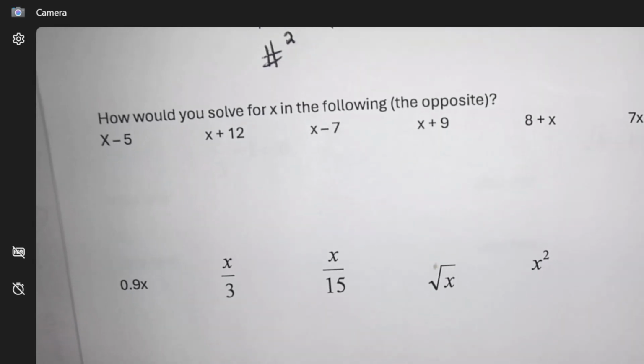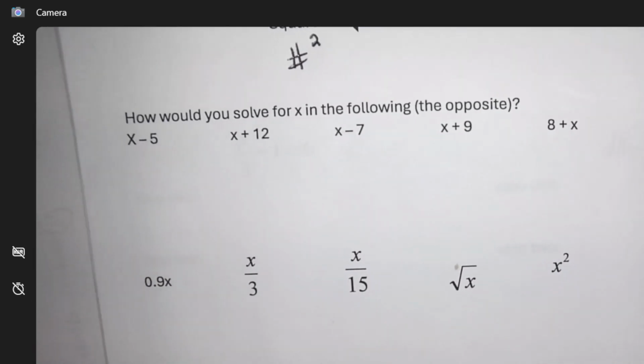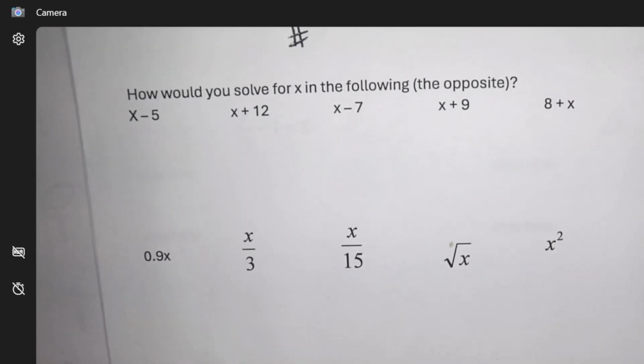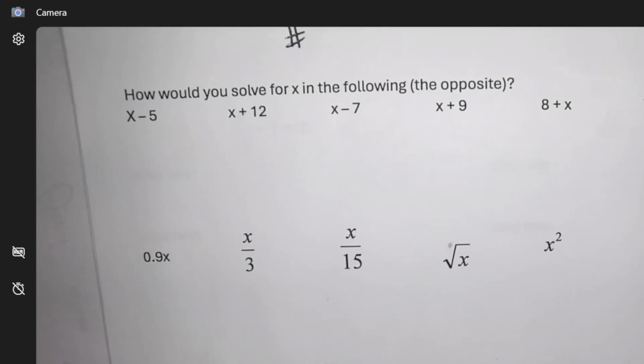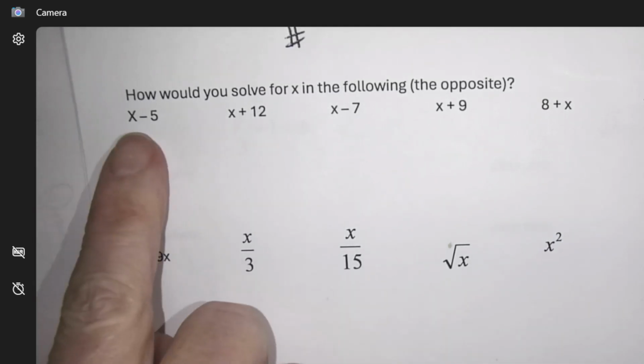Okay, so with equation solving, our goal is to always end up with a letter, a variable, alone. Okay? I mean, a lot of the times in math, we use x, but that's not always the case. It just is a letter. So the goal in equation solving is to always have this letter alone.